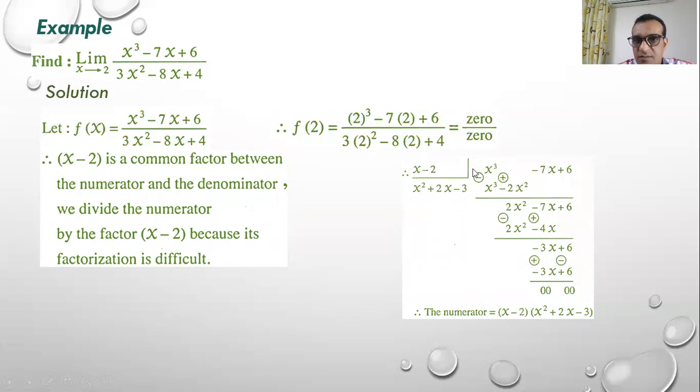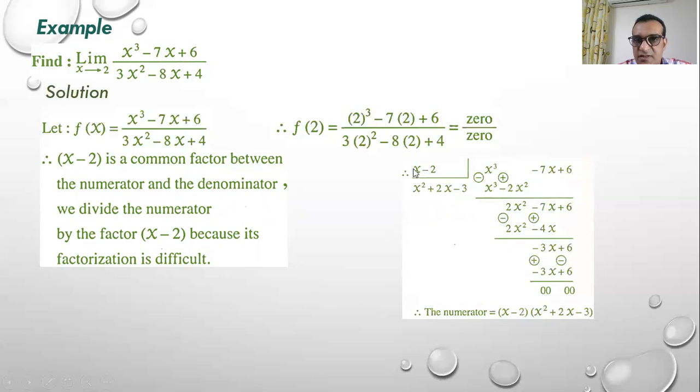We divide the first term x power 3 by x, equal x power 2, and by multiplying x power 2 by this factor, x power 2 multiply x equal x power 3, x power 2 multiply negative 2 equal negative 2x power 2, and by changing the sign and adding, we get x power 3 minus x power 3 equals 0, and plus 2x power 2 minus 7x plus 6, and we repeat this division.